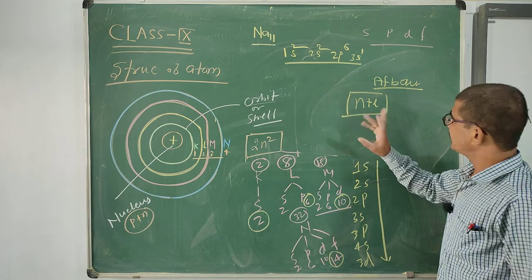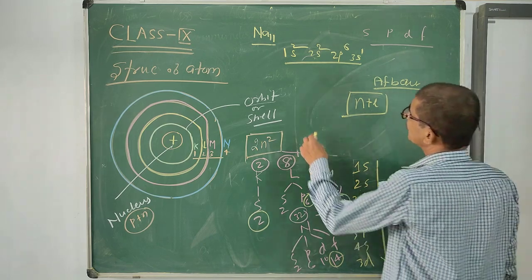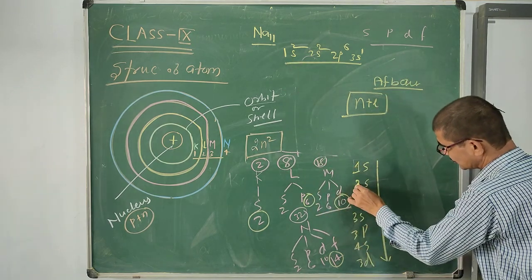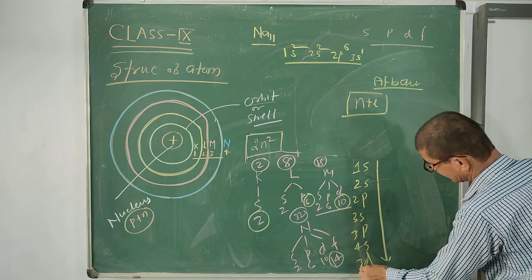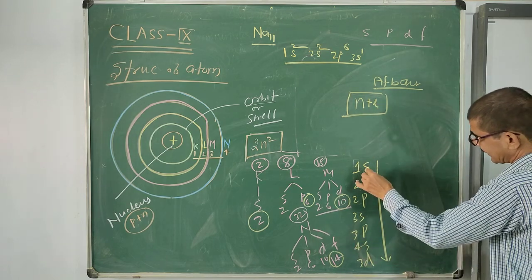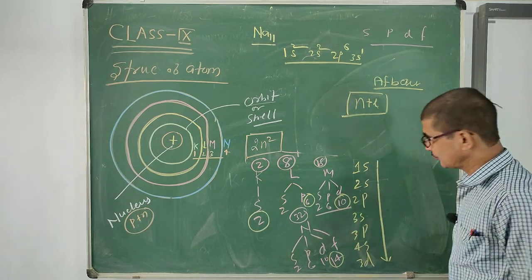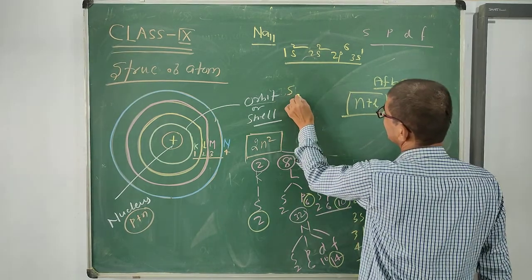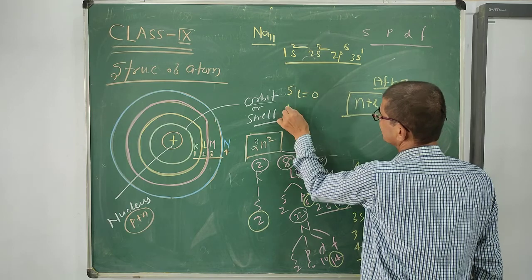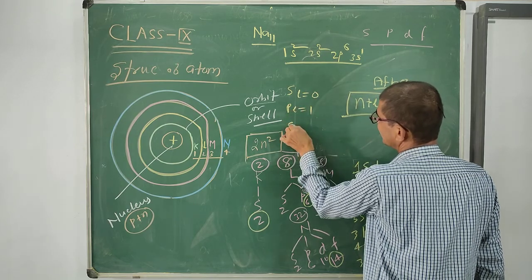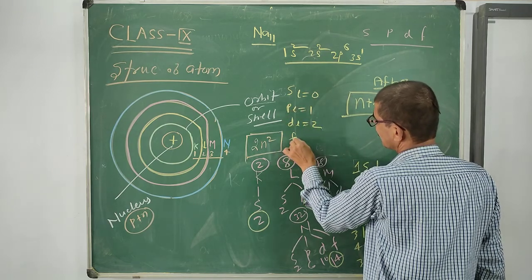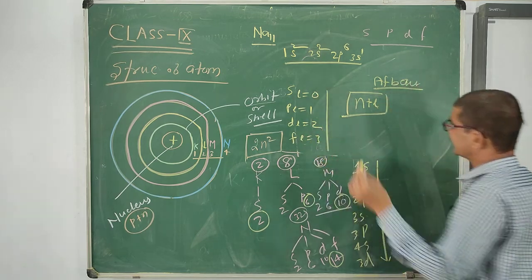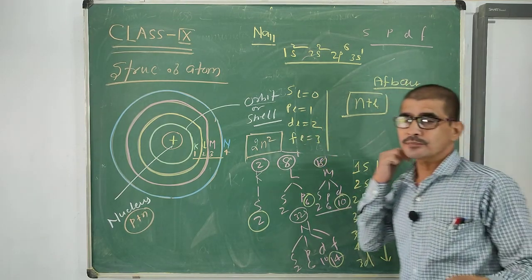In the n plus l rule, these are the values of n: 1, 2, 2, 3, 3, 4, and the orbitals are s, s, p, s, p, s and so on. You know the value of l: in case of S it is 0, in case of P it is 1, in case of D it is 2, in case of F it is 3. So what are the rules of the n plus l rule?